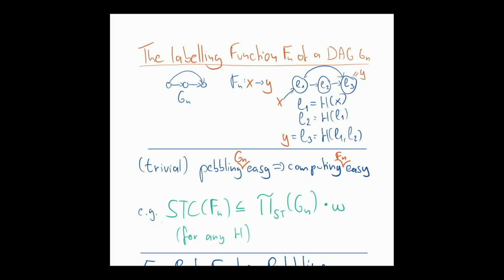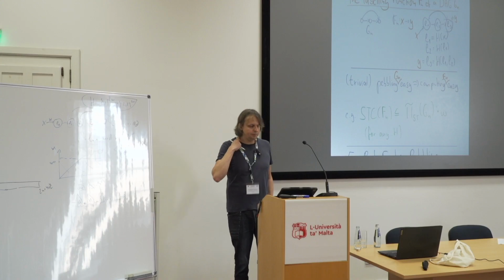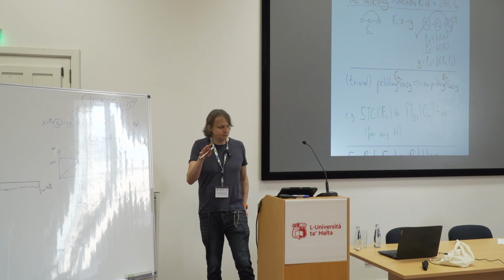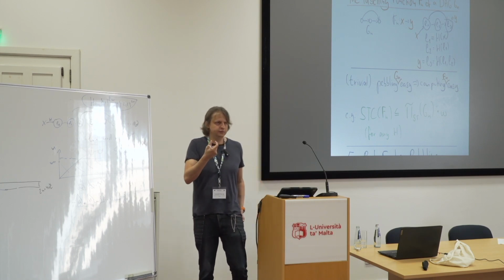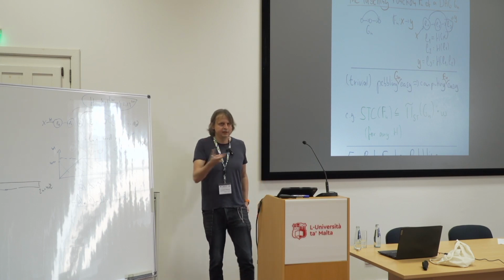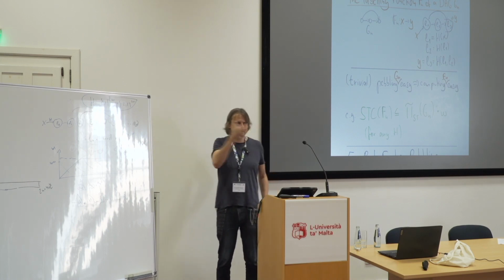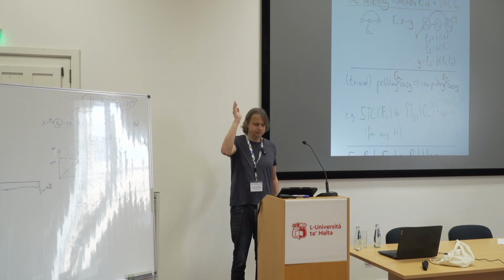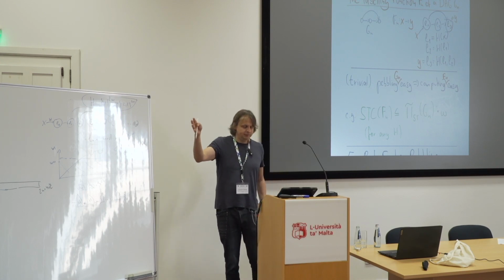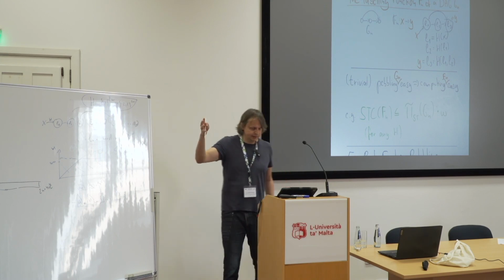But for concreteness, let's say the space-time complexity of the function is upper bounded by the pebbling space-time complexity of the graph, multiplied by W, which is just the length of the labels. Each pebble corresponds to a W-bit label.